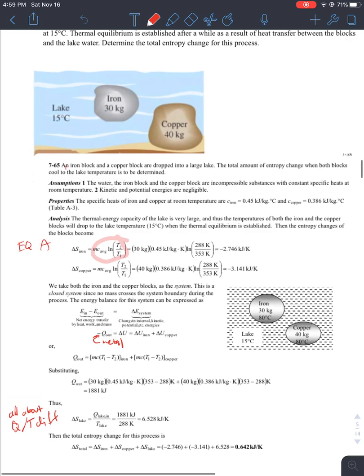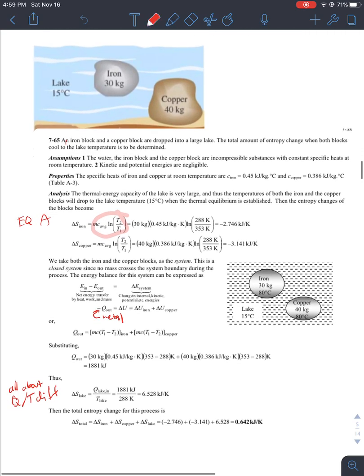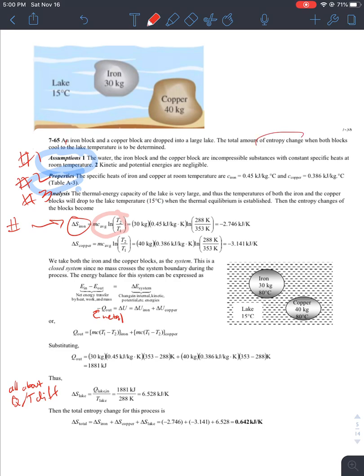Here we are. So reviewing. Step 1, make some assumptions to simplify the system. Step 2, gather the properties of the system. Step 3, do some analysis. Step 4, find relevant equations, which is that, in order to find the entropy, because it's asking about total entropy change.